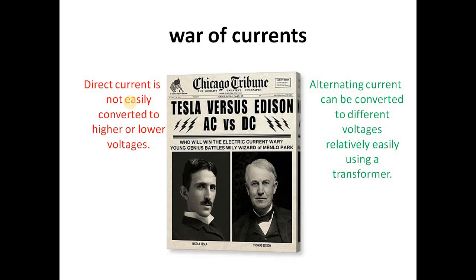I am speaking this keeping in mind that we are in the era of the 1880s. During that time, the war of currents was won by Nikola Tesla because of one electrical device, which is known as the transformer.